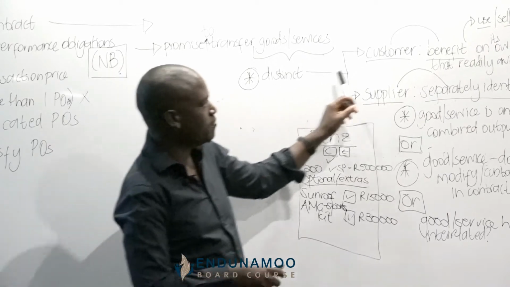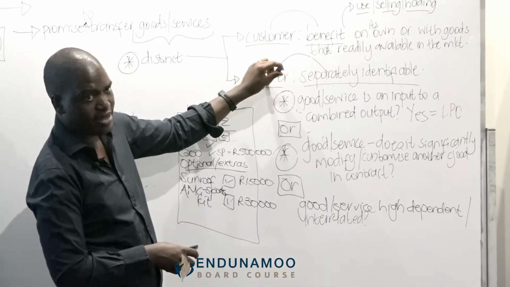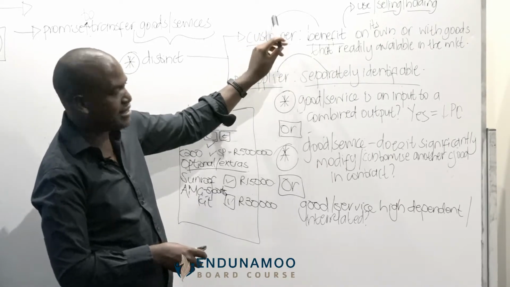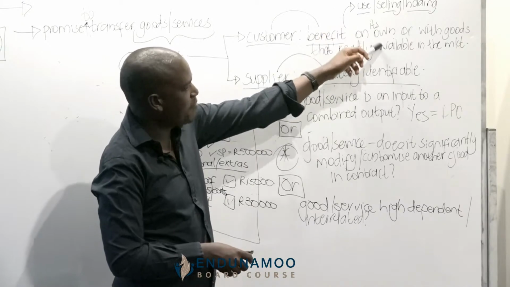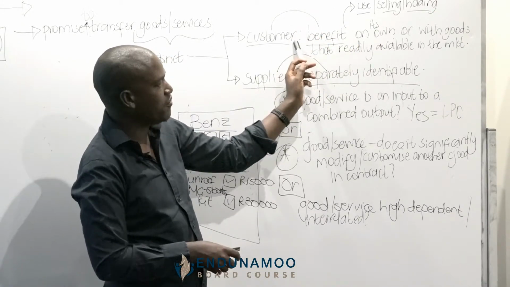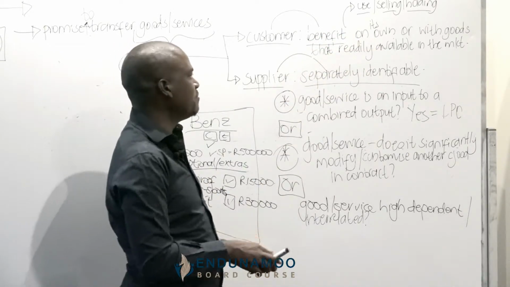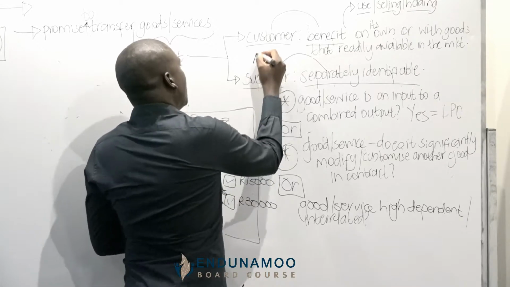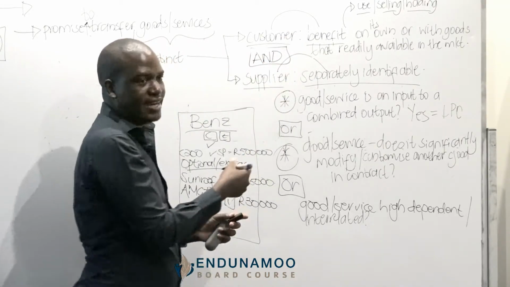Then for those goods to be distinct, we need to look at it from the perspective of the customer and the supplier. In this particular case, the customer is able to either benefit from the goods on its own, or benefit from the good with other goods that are readily available in the market. And in this particular case, you are dealing with an end test. For this one, it's an end test.